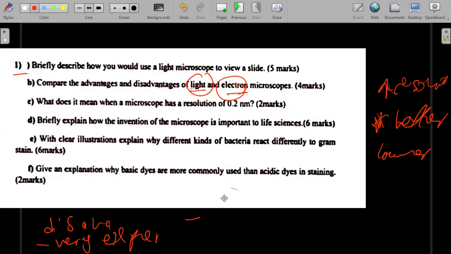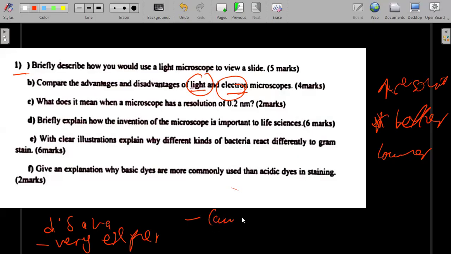Remember, I said one of the advantages of the light microscope is that it can be used to view living specimens. But for an electron microscope, you only use it to view dead or non-living specimens.